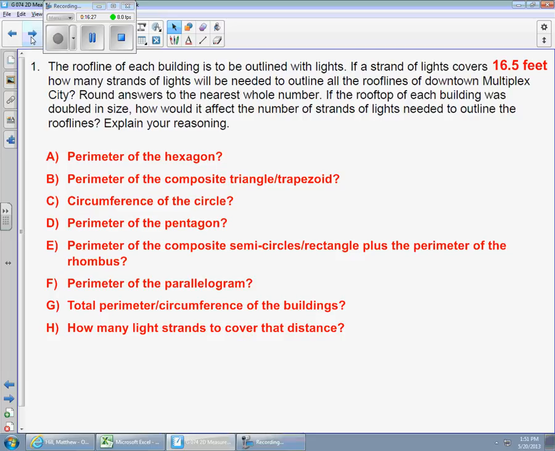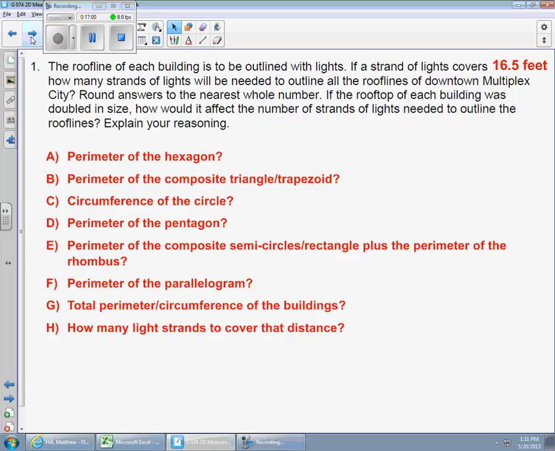E, you're going to have to find the perimeter of the composite building, that oval-shaped building. So the composite semicircle rectangle, we're going to have to find out how long that is around. Well, we've already said it's kind of like a circle that's just been split into 2 semicircles. So we can figure out the circumference of a circle. That's kind of the left side of the building and the right side of the building. Then we have to figure out what's going on with that rectangle, that long length of the rectangle that connects the 2 circular ends.